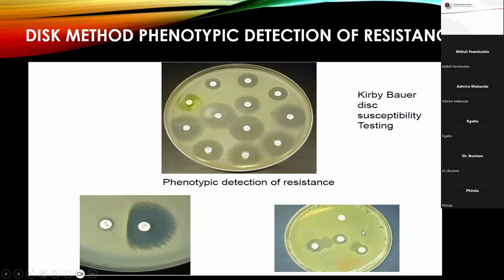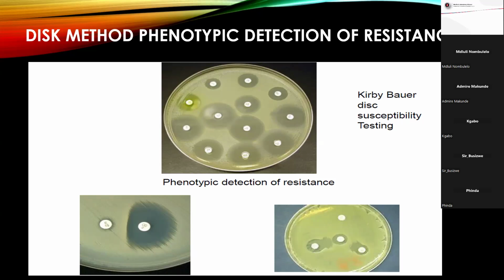There's also another phenomenon which can be demonstrated using the disc method, like ESBL, the extended spectrum beta-lactamase resistance, which is usually in the E. coli and Klebsiella group, resistant to the cephalosporins, which can be demonstrated within the lab. This arrangement is very critical when you are doing AST.